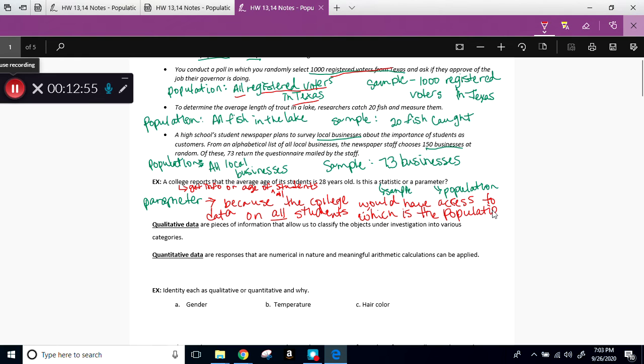So it's population because they'd have access to all of the students there at the college. So it's going to be parameter because it deals with population.